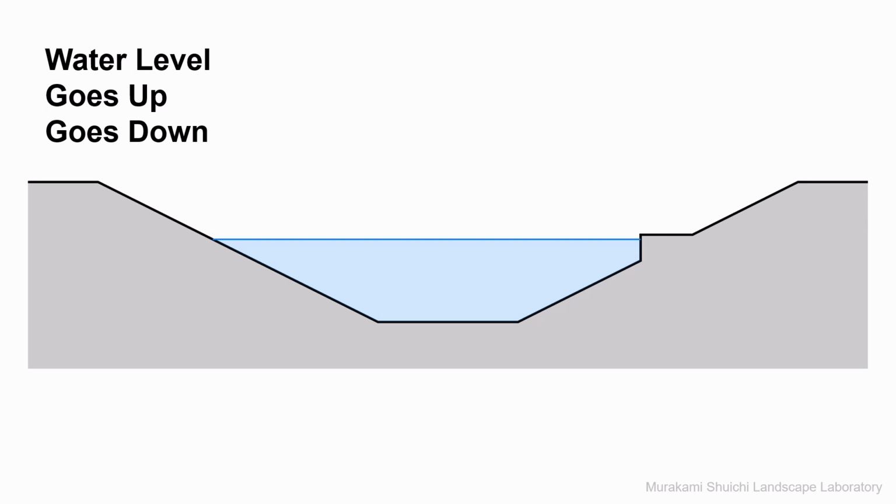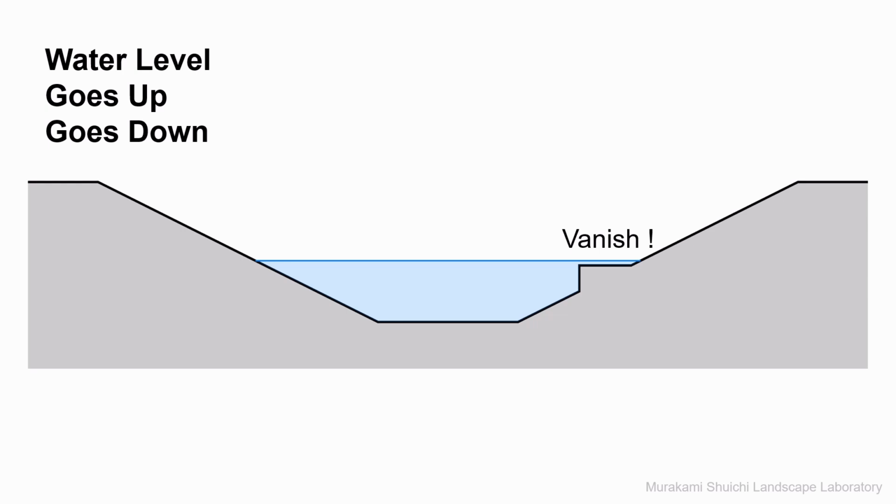But a horizontal step is made like this. Even a slight rise will submerge the step, making it seem as if it had vanished, and this makes the changes in water level easier to realize. By adjusting the height of the step, we can change the water level at which people begin to realize the change. And by changing the number of steps, we can change how many times such changes become perceptible.